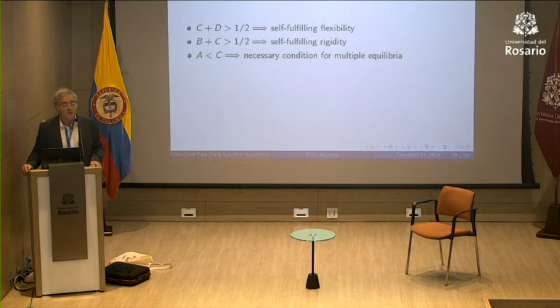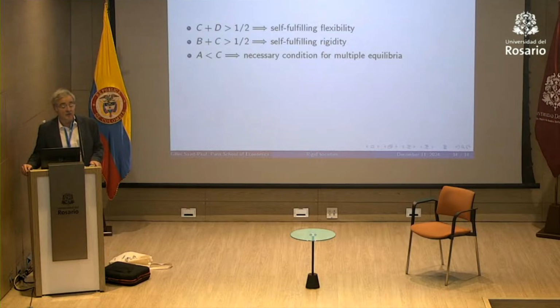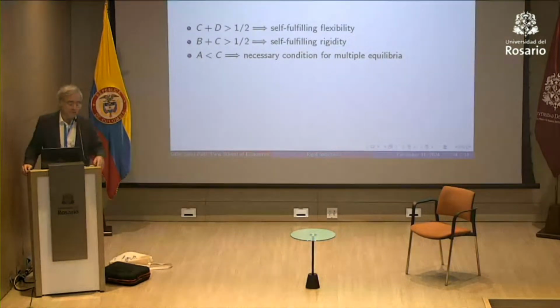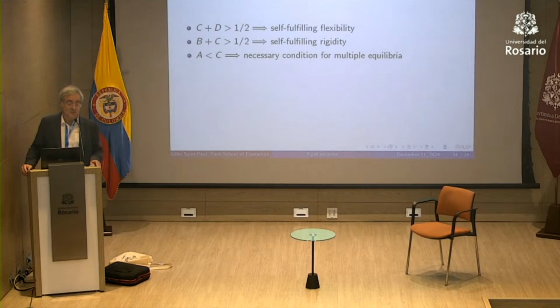So the ideology of the rigid society is more like a left-wing ideology. We want a music conservatory to be accessible to the poor, and therefore we put a cap on its price. That's the reason why some people vote for this.